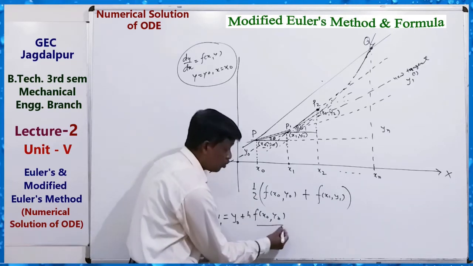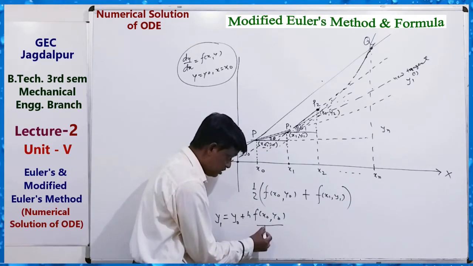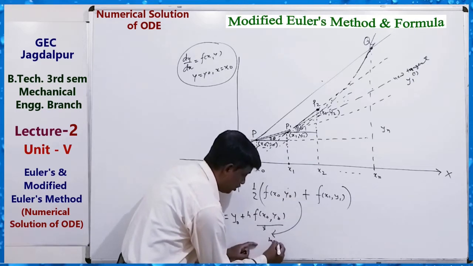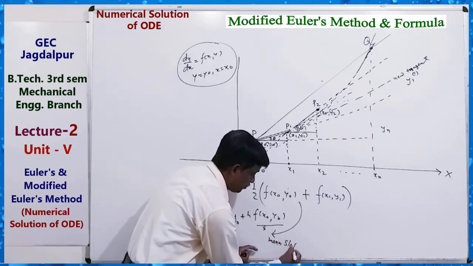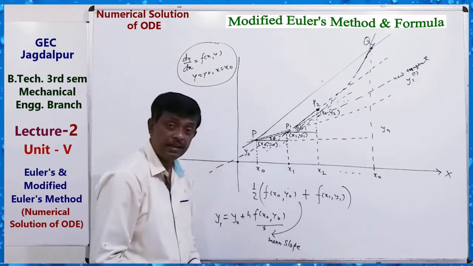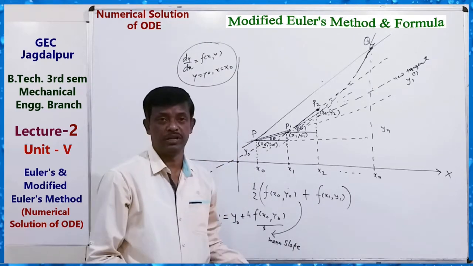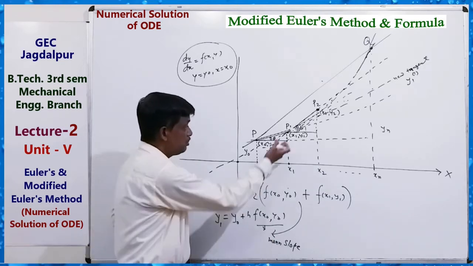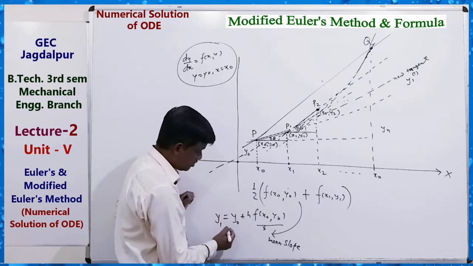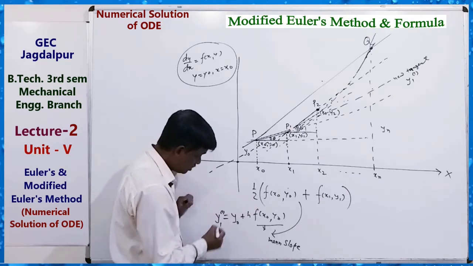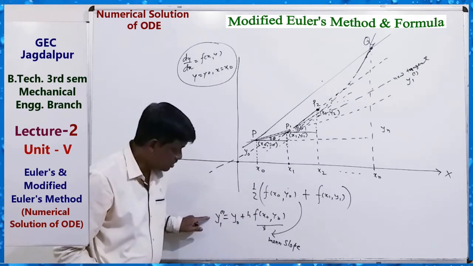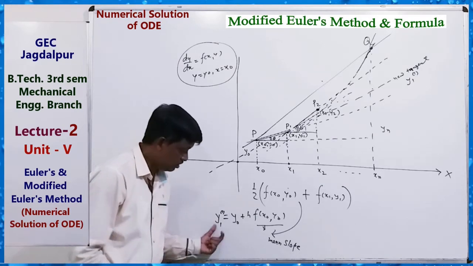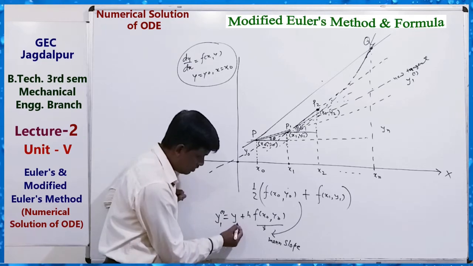In this place, we take the mean slope, and by taking the previous value of y, that is y1(1), this is the approximation to purify the value of y1.